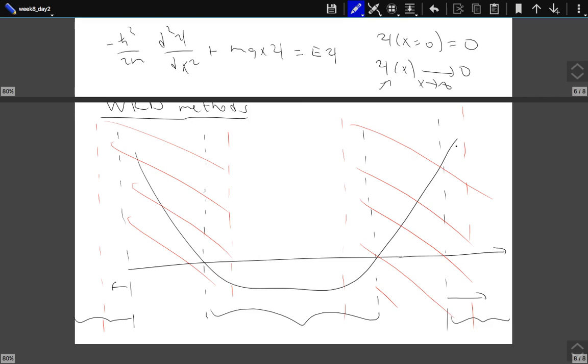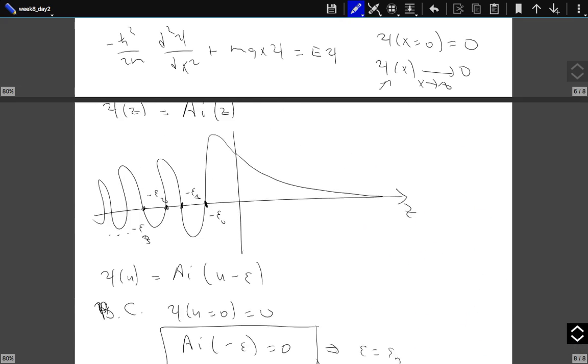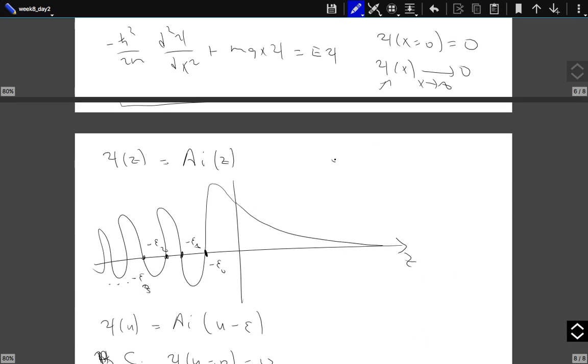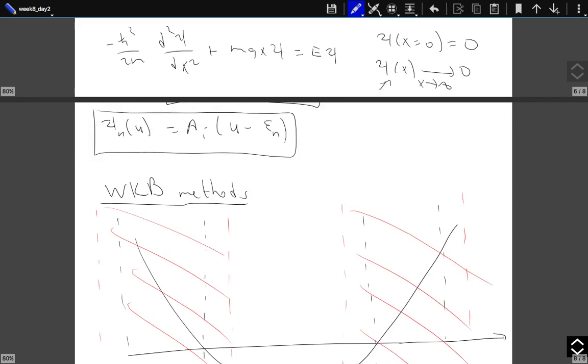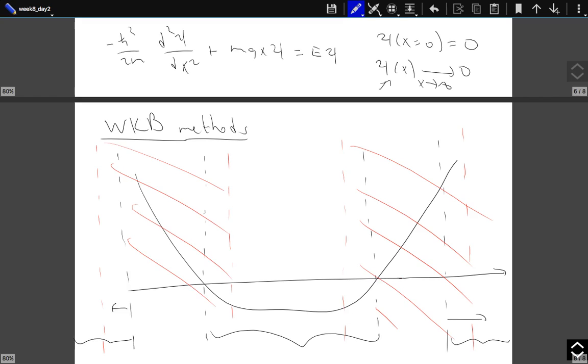Of course, since that is a finite range, within that finite range, I can have both of the solutions of my linear potential. We only had discussed the Ai. The other solution is Bi, but Bi just diverges for large values of z. But since here we are looking for a finite interval, within this interval it cannot diverge, so we have both the solutions Ai and Bi.